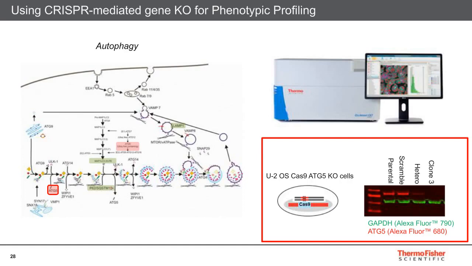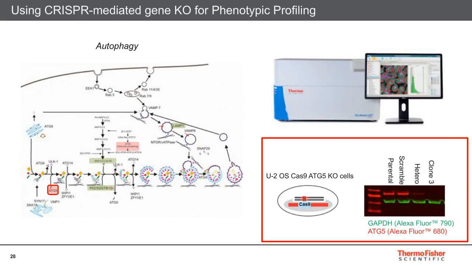It's represented by clone 3 here, and you can see the ATG5 expression is completely abolished in this case, and the housekeeping gene shown in green, GAPDH, is expressed. These studies were done using the Thermo Fisher CellInsight high content imaging system.